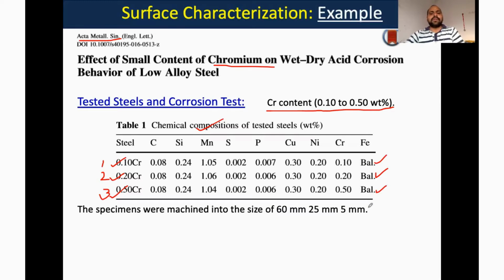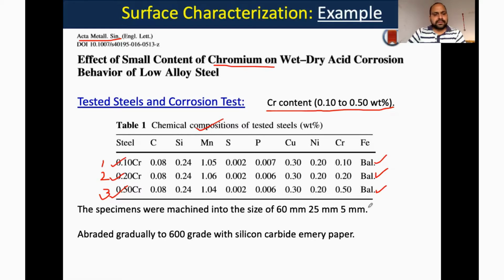And what was the size when we are doing the measurement? They prepared the specimen; the size was 60 mm by 25 mm, and the thickness is 5 mm. Then how was the measurement?